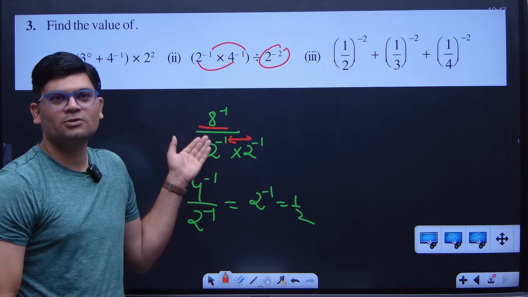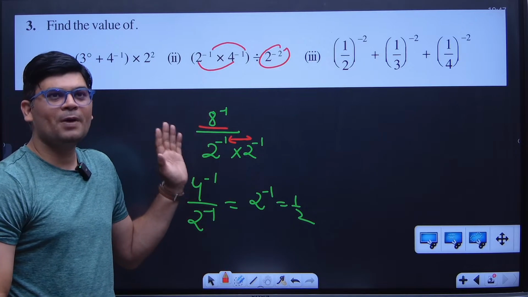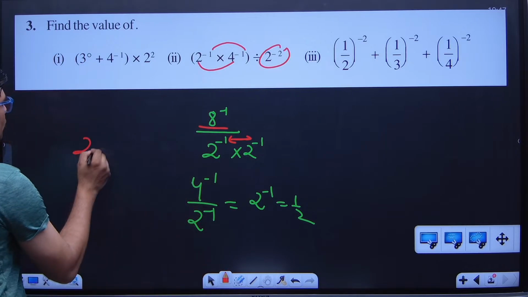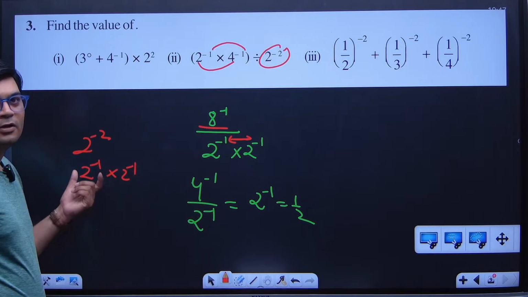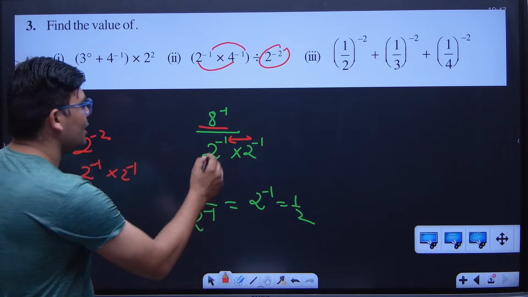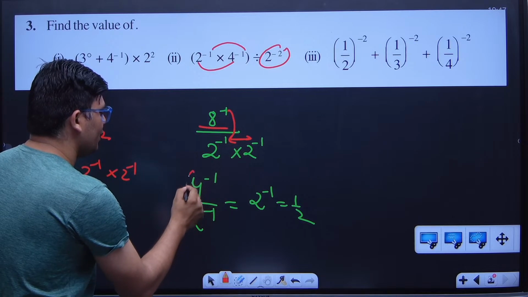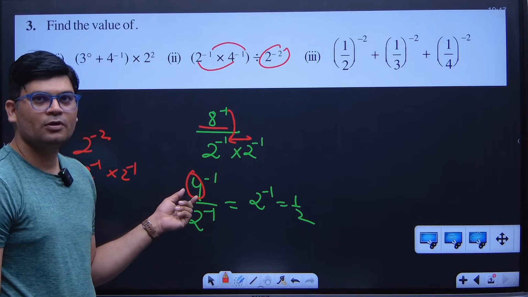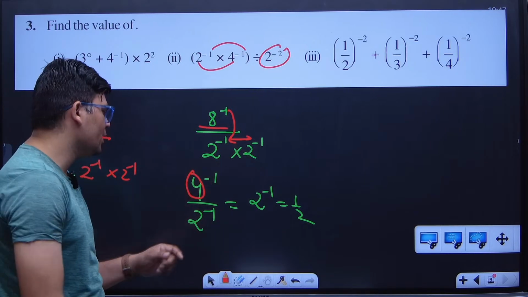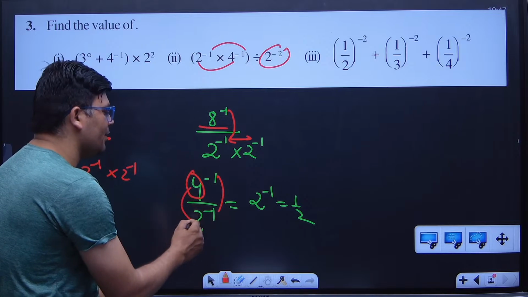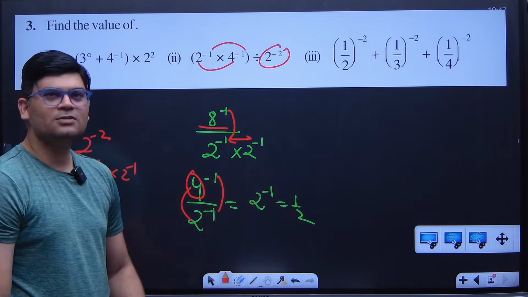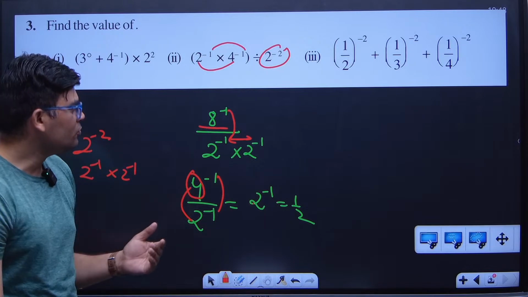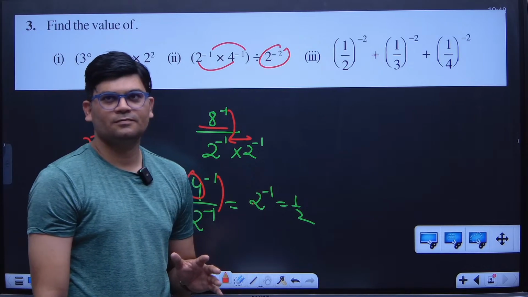So I divided 2 to the power minus 2 into two parts, minus 1 and minus 1. Then again I saw that the power is same, so I divided the number, so it became 4. Again I took this 2 and I saw that the power is same, so I divided the number and the power became minus 1. 4 by 2 is 2, so the answer was 1 by 2. So you can approach the answers in many different ways.